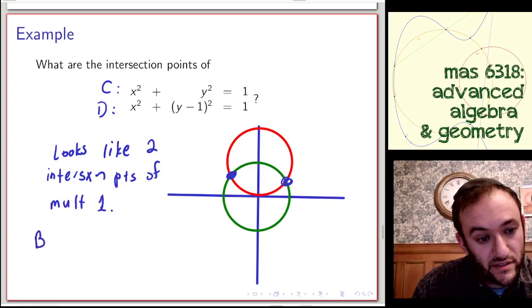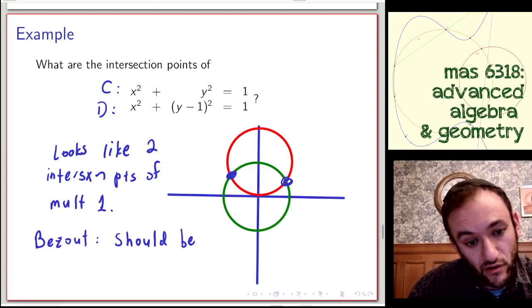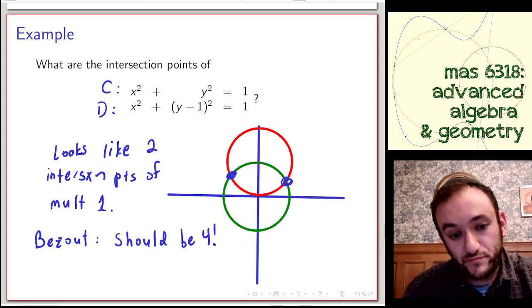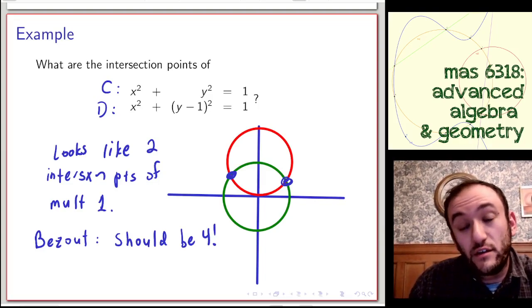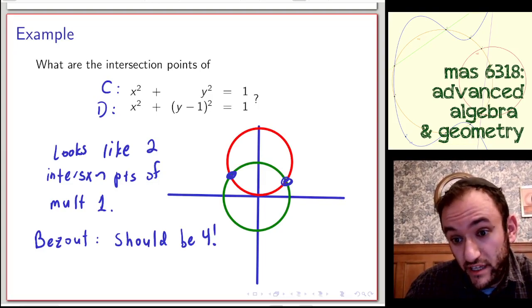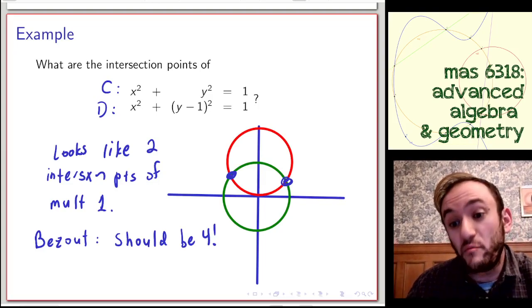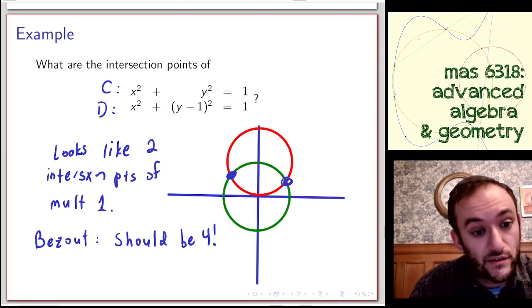Okay, but Bézout says there should be 4, right? Again, these are 2 degree 2 curves. So where will these intersection points be? Well, they could be in the projective plane somewhere, or it could be complex intersection points. So let's figure out what it is exactly.